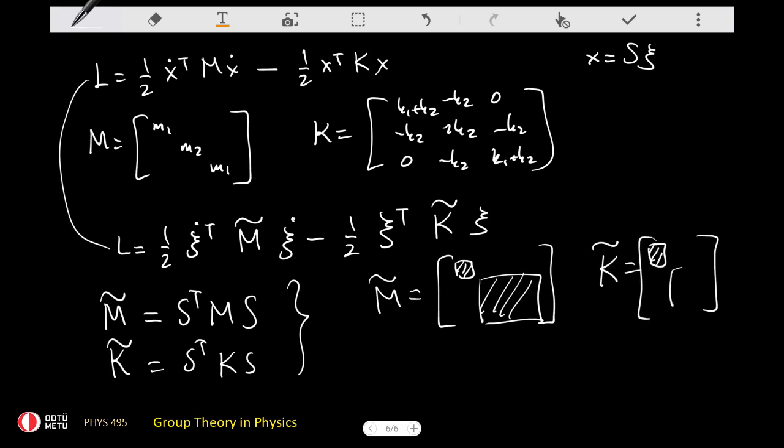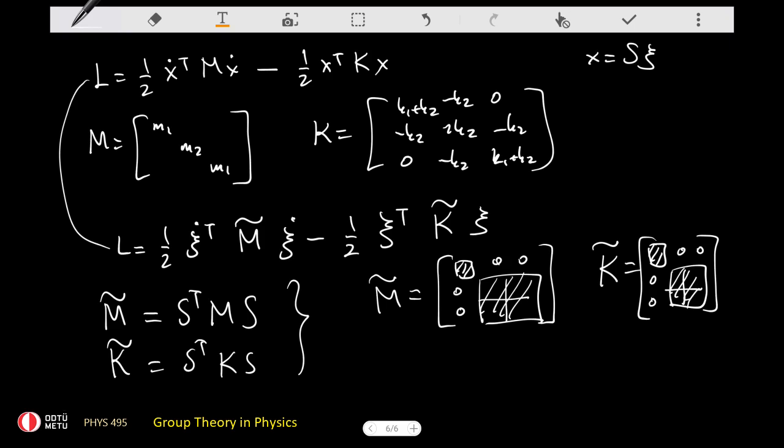So this basically tells you that this U1 mode that corresponds to the first coordinate psi1 is separated from the U2 mode. So these entries are equal to 0. This tells us that the U1 mode is uncoupled from the other ones, but the other two are coupled to each other.